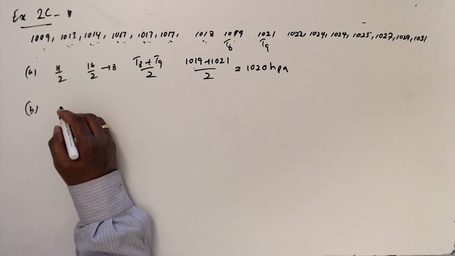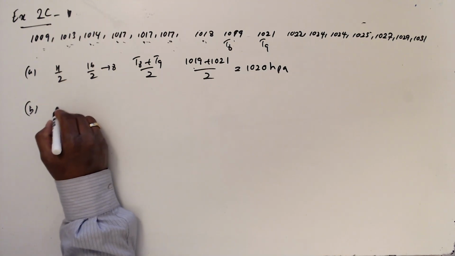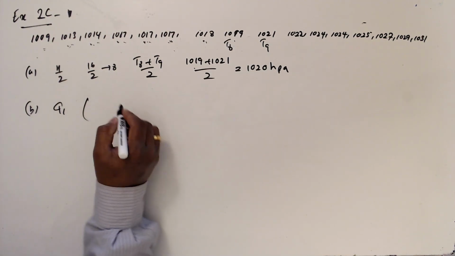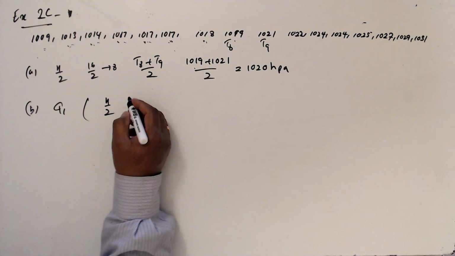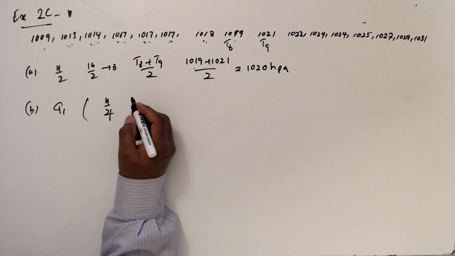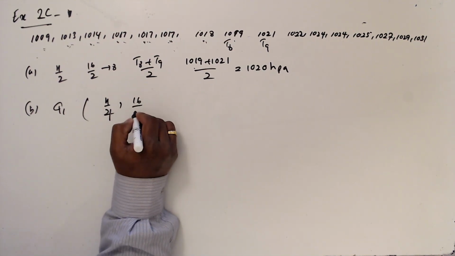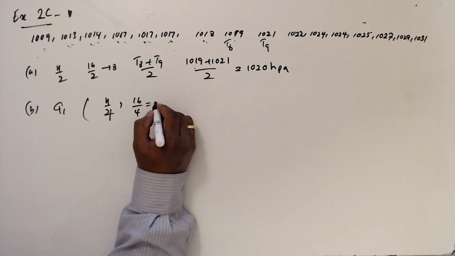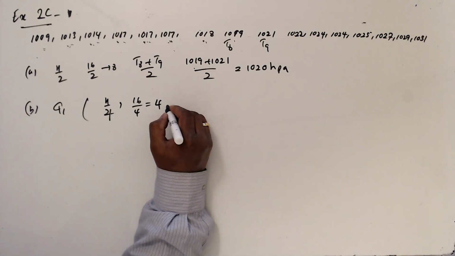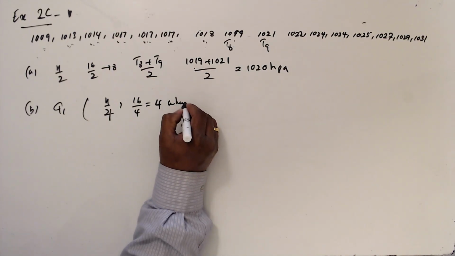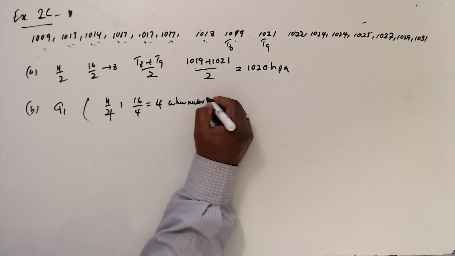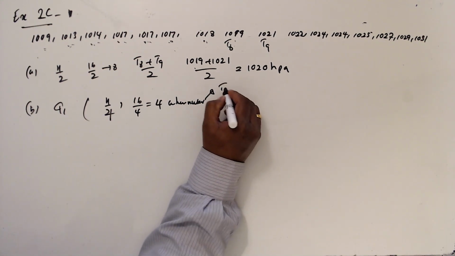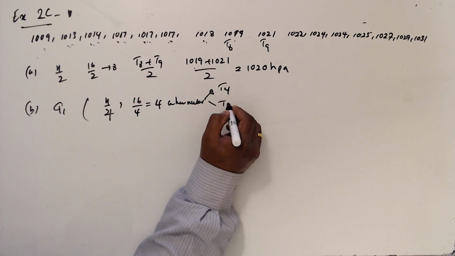And part B, find the lower and upper quartiles. So the lower quartile, that is Q1, the process is again n divided by 4, that is 16 divided by 4, which is 4, and this is a whole number. Then we are moving to T4 and T5.